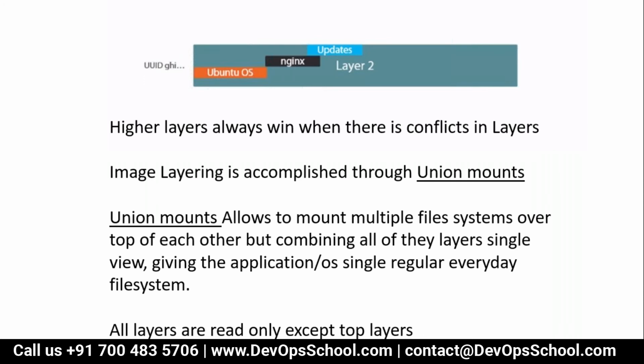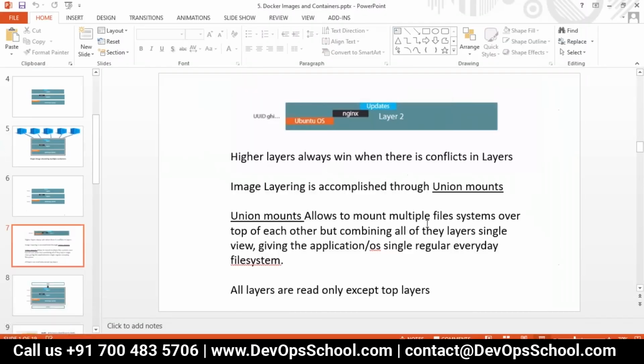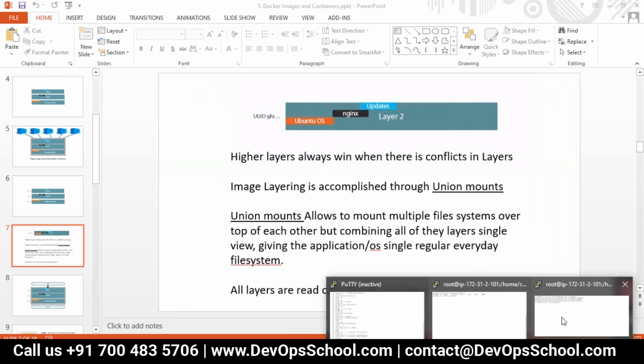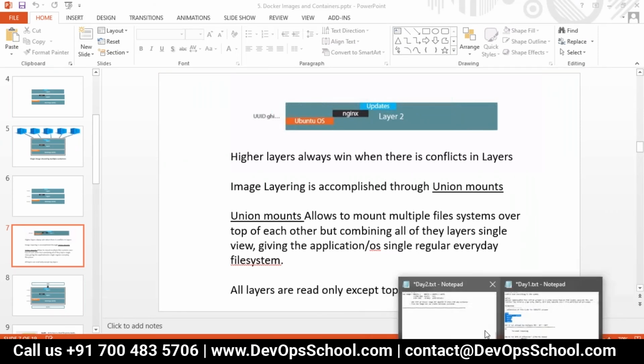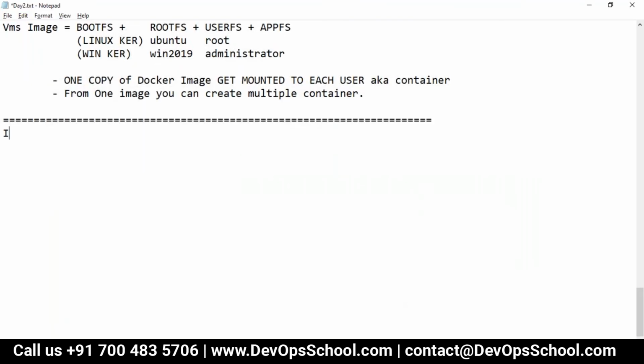Before I explain these points, I would like to prove all this with image anatomy. So here I said a few things. Let's understand this. I said an image has multiple layers. Now I said each layer is a file system.